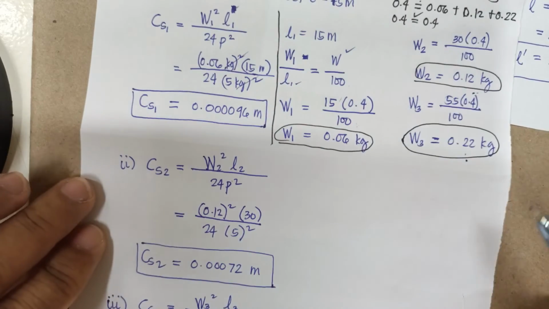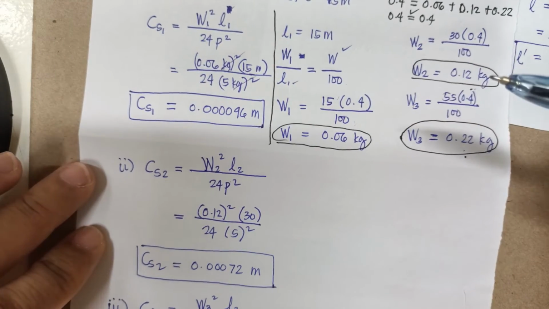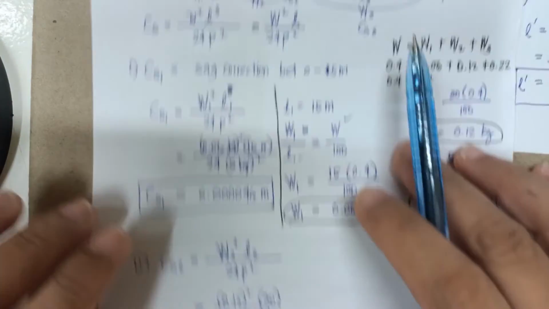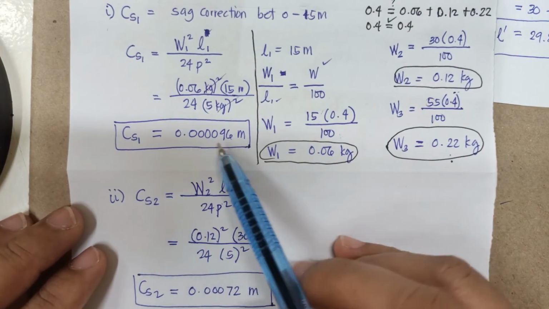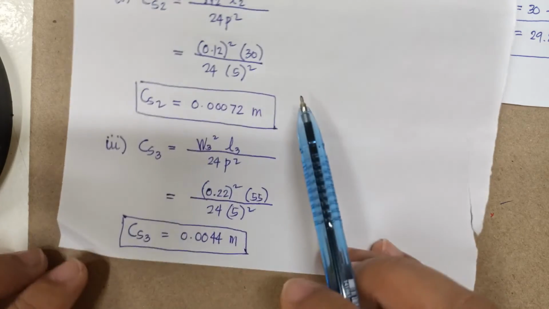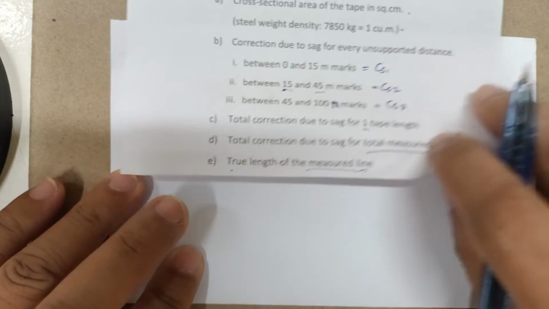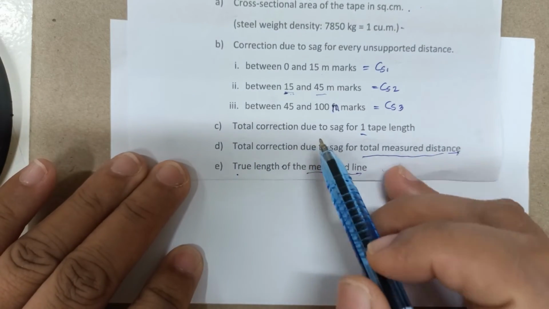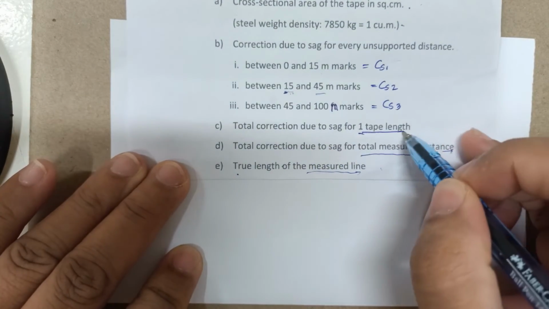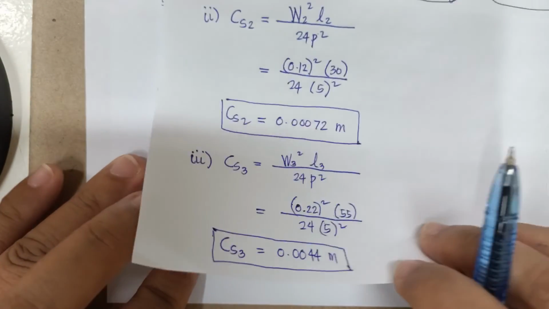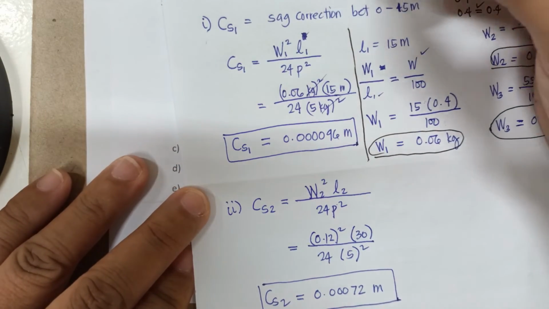So to summarize, we were able to solve the sag correction between supports. It is still between supports. We have CE sub 1, CE sub 2, and CE sub 3. So for item C, total correction due to sag for one tape length. What we did a while ago is still the correction between supports.